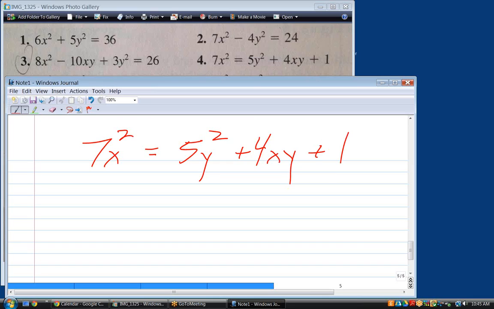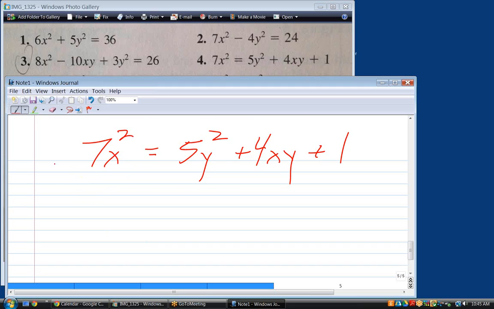You don't need to rearrange anything when you're implicitly differentiating. You just start from whatever it gives you. Okay? In other words, I don't need to do any algebraic manipulation to get going. I just start. What I'm going to do is take the derivative of each side relative to x. And it's worth noting that, because you're going to get here soon enough, probably by next week, where you can take the derivative of both sides relative to another variable.